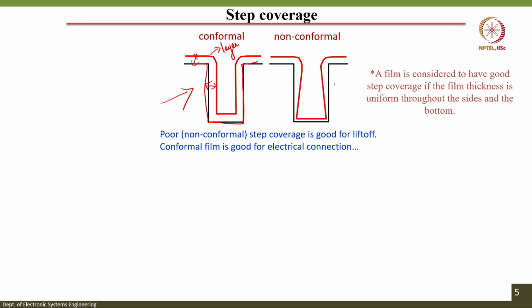But the second is directly a non-conformal deposition: the thickness is the same in the horizontal dimension, but on the side walls, in the vertical dimension, the thickness is not the same.